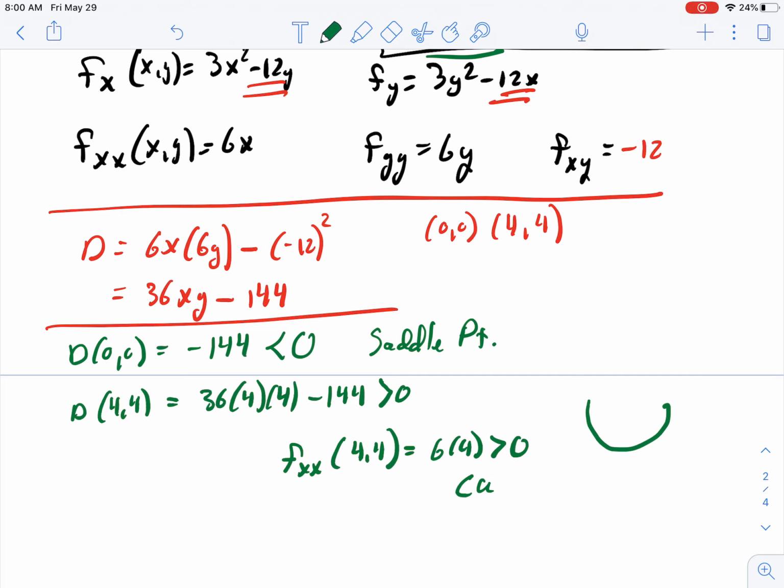Okay, so think of this as concave up, my hillside. So how would my plane sit? My plane would sit on the bottom here, so that would be a local min. All right, and like I said, that's a local min of a plane.